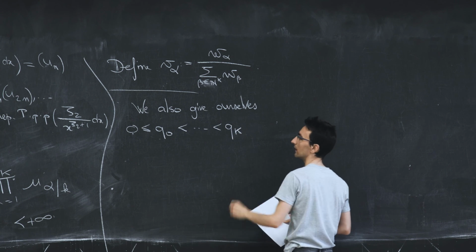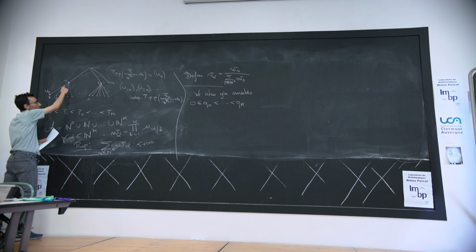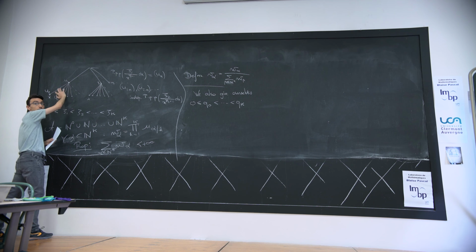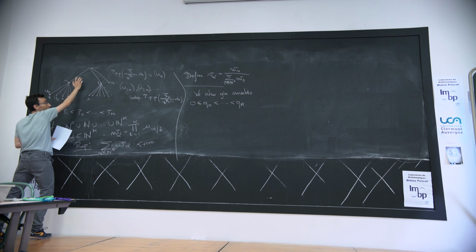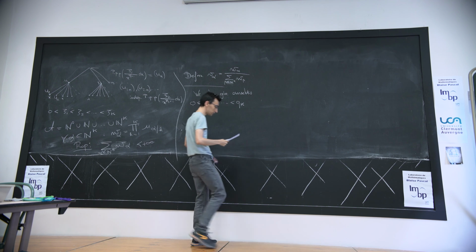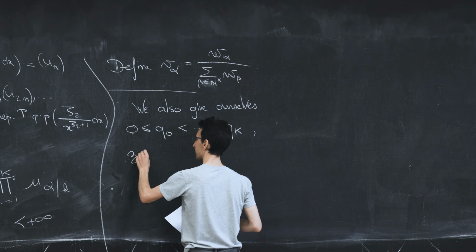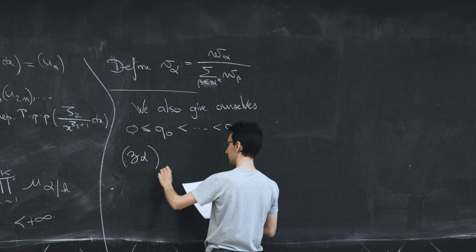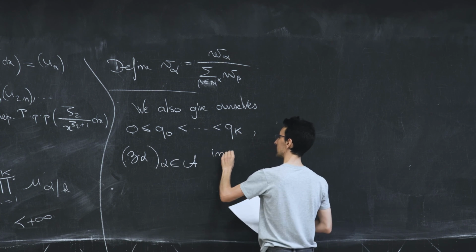I told you to think about this space as being a metric space with some ultrametric structure, where I did not specify the length of these edges. So I'm just going to give myself parameters that I'm going to interpret as the length of these edges. These are the q_k's. And Z alpha, these are indexed by all the leaves of the tree, independent standard Gaussian vectors.